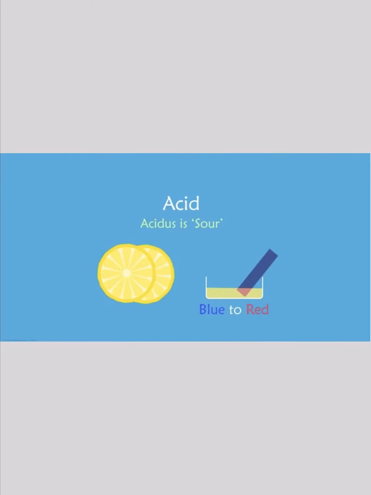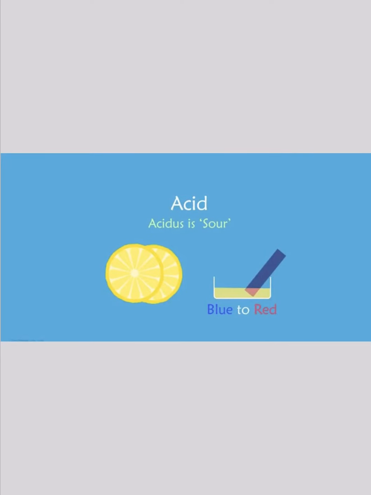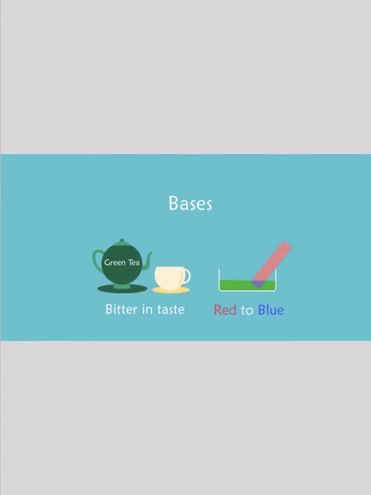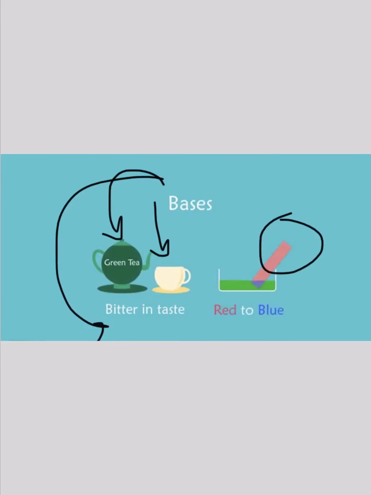Acid is sour, which means the taste of acid is sour. Here is acid in lemon, for example, and when you put blue litmus paper in it, it will change to red. And here we have bases. A base is different from an acid. Examples of bases are green tea and coffee. The taste of a base is bitter. And when you put litmus paper, red litmus will change to blue.